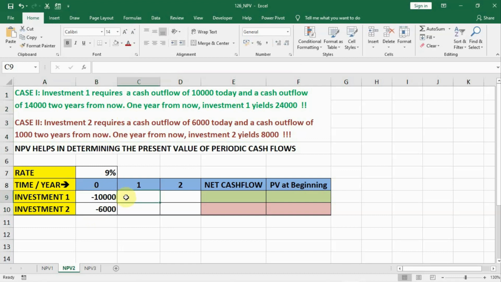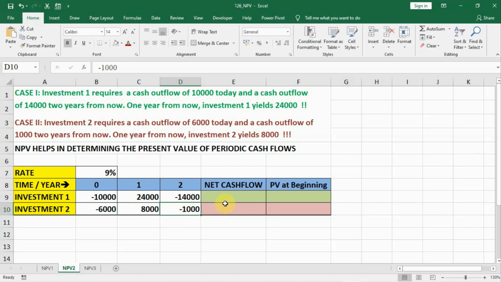Investment 1 has a cash outflow of 14,000 two years from now, and we will earn a cash inflow of 24,000 next year. In the second investment, there is a cash outflow of 1,000 two years from now, and investment 2 again yields 8,000 inflow one year from now.